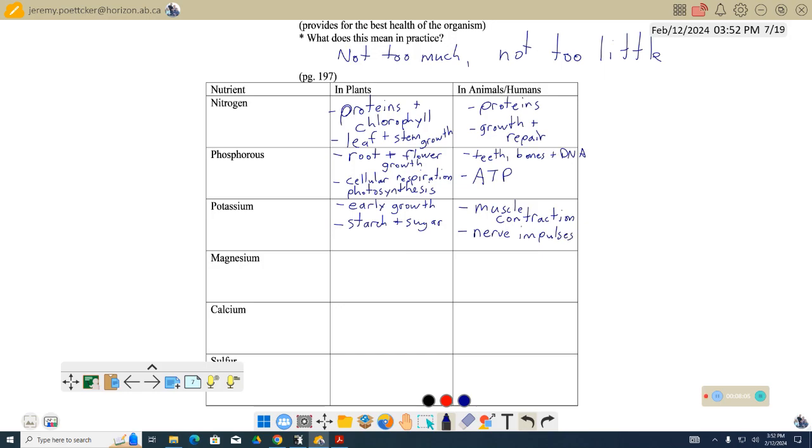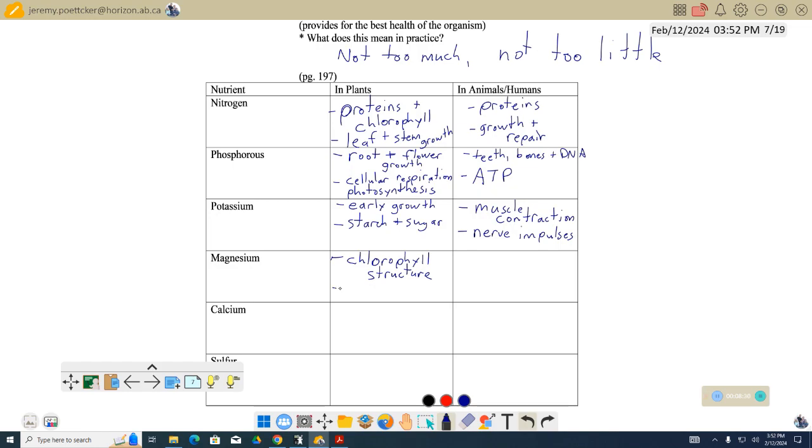Right, this takes us on to magnesium. Magnesium is super important for chlorophyll structure. Chlorophyll structure, that's the part that absorbs the sun in plants. It's also what makes them green. If you didn't have enough magnesium, your plant would tend to not be as green as it should.